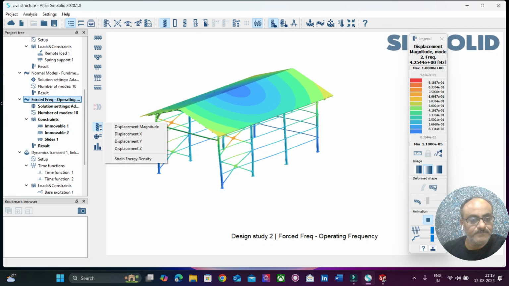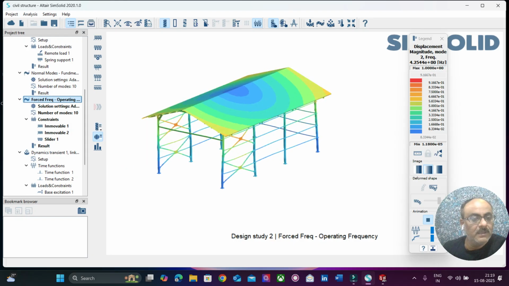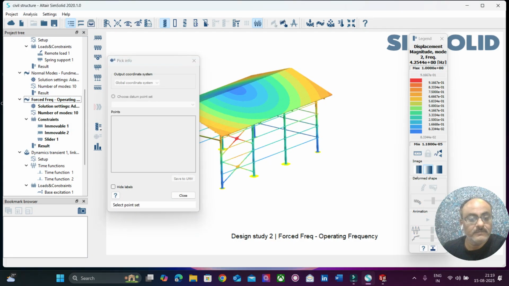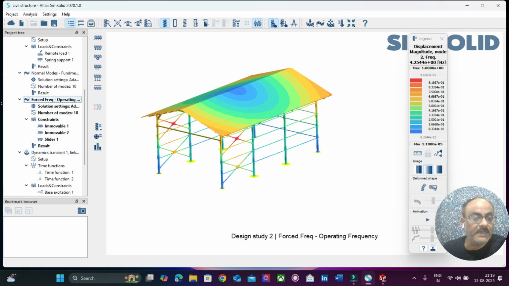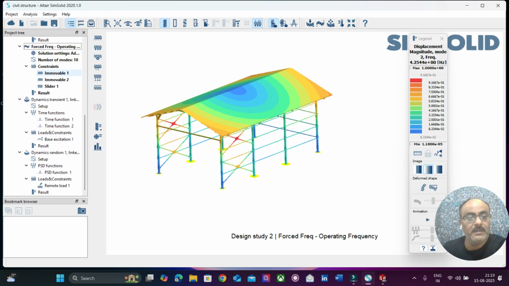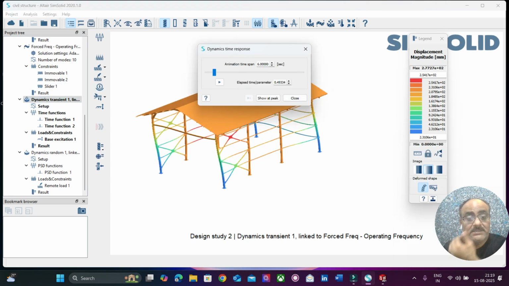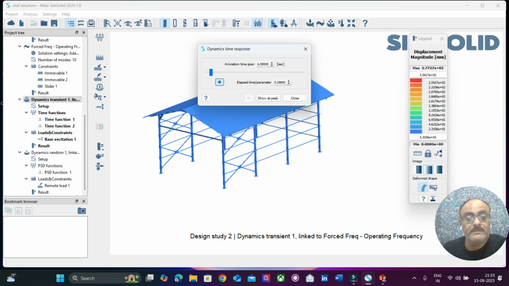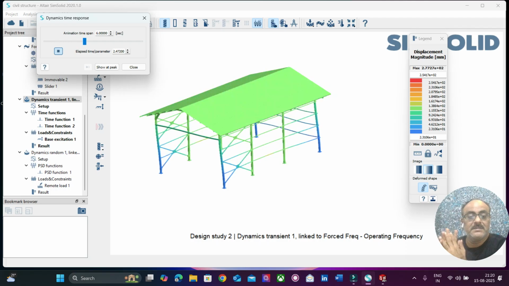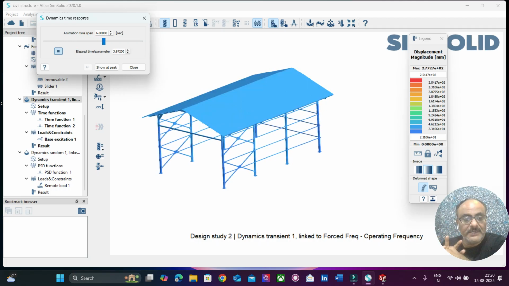Now let's see the transient part. This is the operating frequency part or the forced vibration part. Let's set up a transient simulation and try to find out. This is the way the transient simulation goes on the structure.